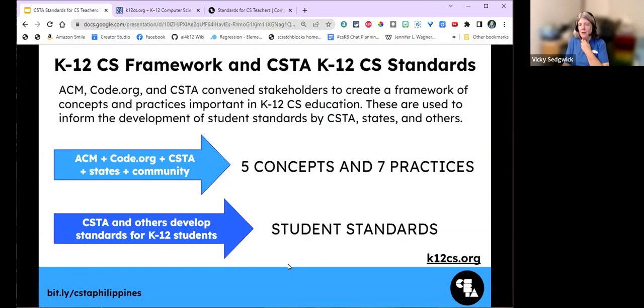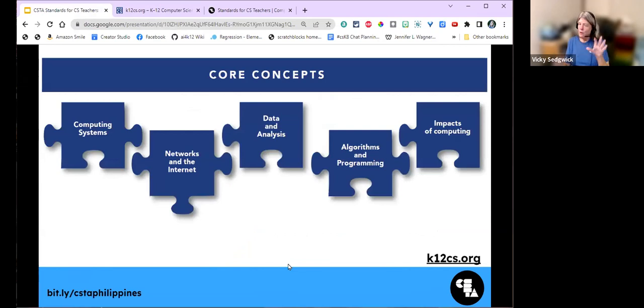So the 5 concepts are these: computing systems, networks and the internet, data and analysis, algorithms and programming, and impacts of computing. They were created this way to illuminate these big ideas. They aren't meant to be not crossing in any way.